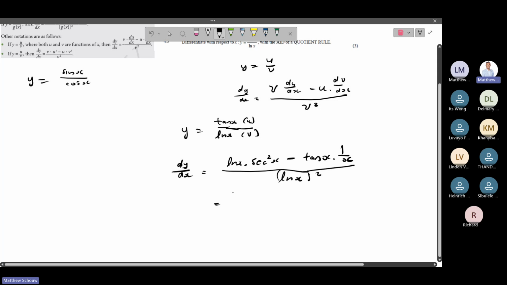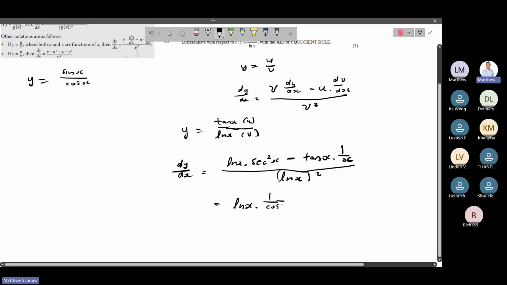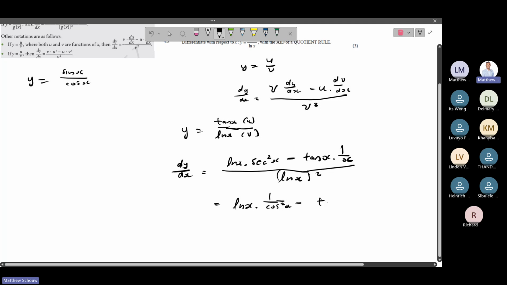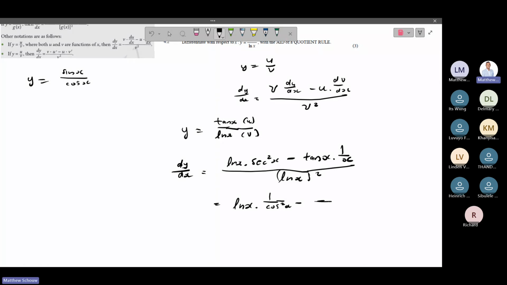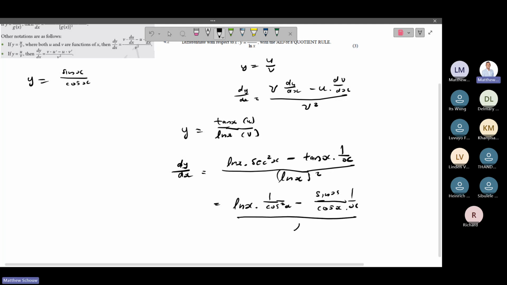Over here, looking at this, it's not much to do, but I might say 1 over cos squared x times ln x, minus tan x, which I'll make sine over cos, times 1 over x. Do you understand why now?